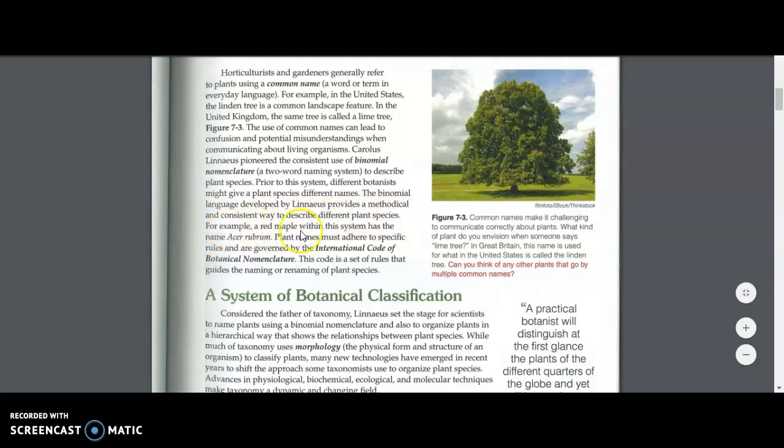For example, a red maple within this system has the name Acer rubrum. Plant names must adhere to specific rules and are governed by the International Code of Botanical Nomenclature. This code is a set of rules that guides the naming or renaming of plant species. So you'll find the answer to number 3 in what I just read.